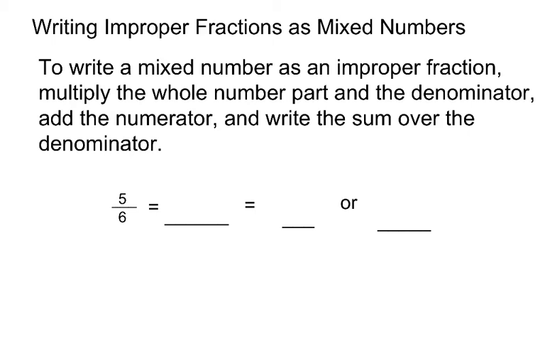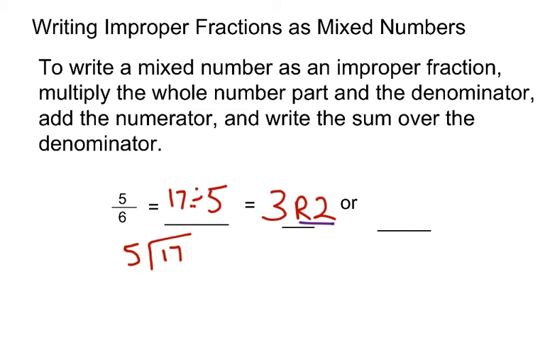17/5 is just 17 divided by 5. So you have 17 divided by 5. And if you want to write it 17 divided by 5, that's perfectly fine. Both mean the same thing. So when you divide 17 by 5, you get 3 remainder 2. Well, this is elementary school, so we don't write remainder 2.